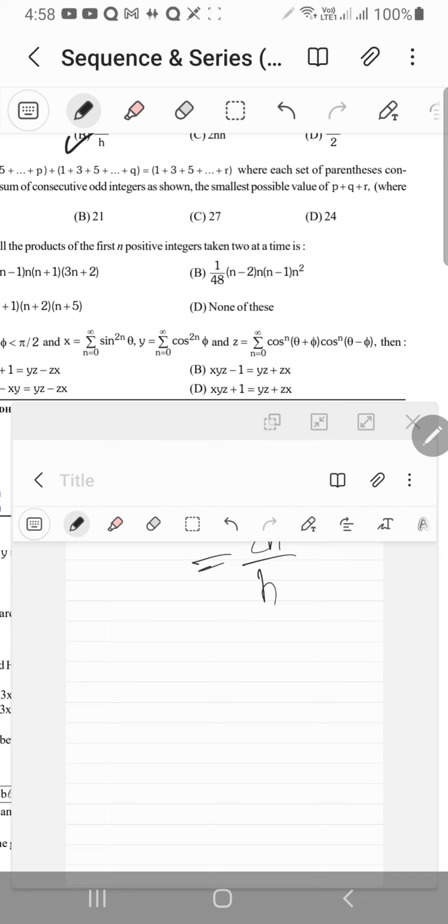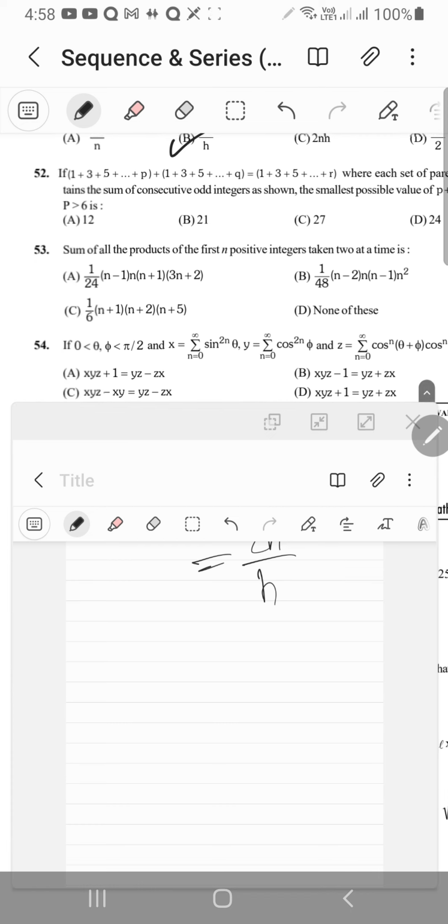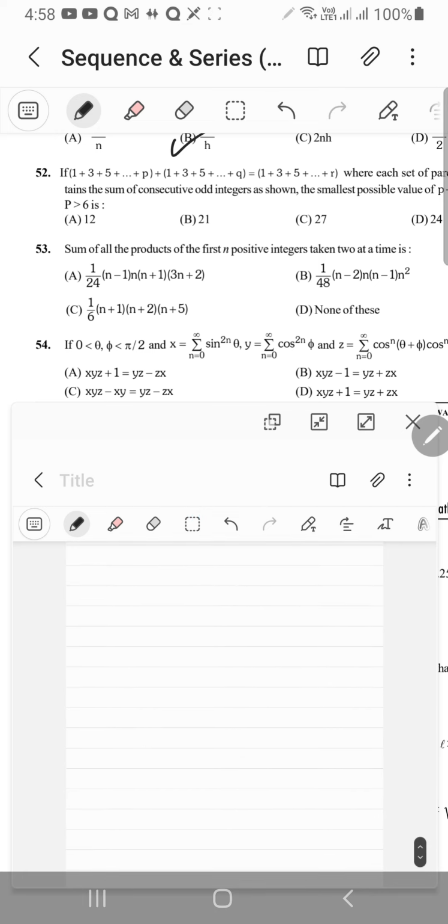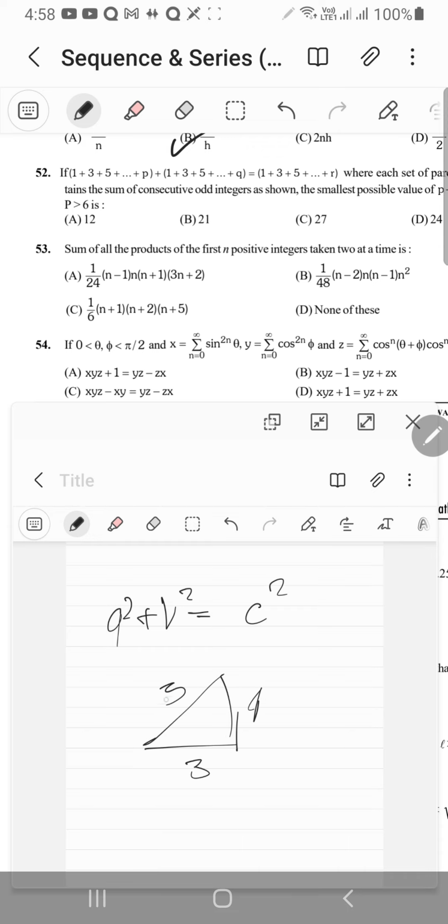Well, we know one thing for sure, that the sum of the first n odd numbers is n squared, right? This is a very popular thing. So essentially they want us to solve a squared plus b squared equals c squared, where a, b, c are integers, and find the smallest number such that this can happen. Of course, it's just the Pythagorean triplet 3, 4, 5.